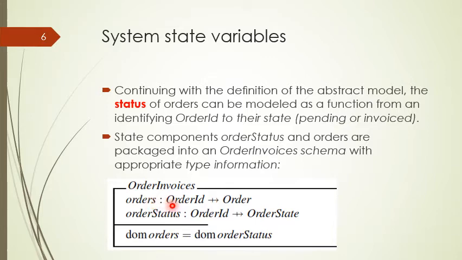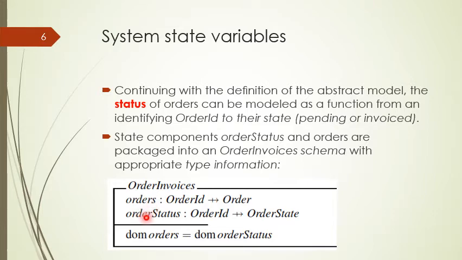Therefore, it is declared on the set of all possible partial functions from order ID to order. So order ID is a basic type for this system, and order is another extended type which is already defined in the previous slide. So orders is a partial function, and this variable would work as a system state variable.